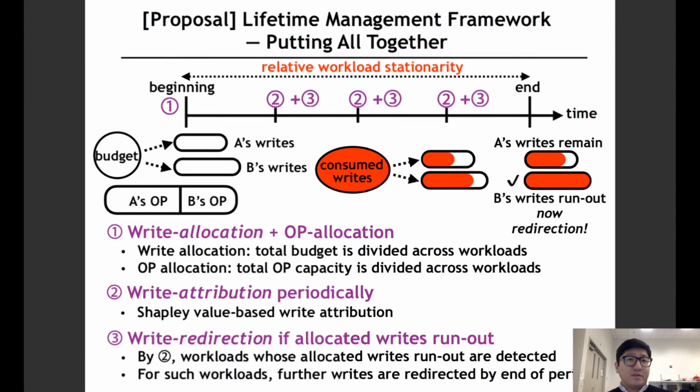As a result of the write attribution, if workloads whose allocated writes run out are detected, further writes from such workloads are redirected by the end of this period.